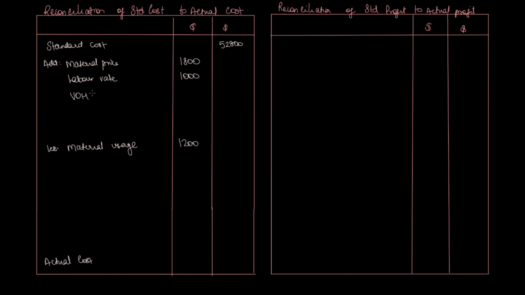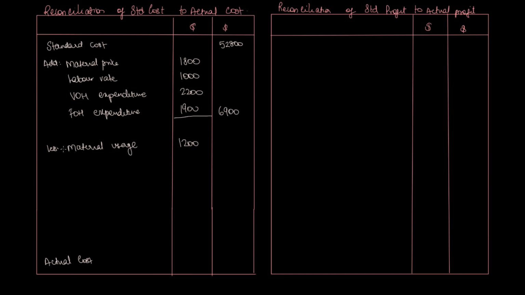Then I had variable overhead expenditure variance 2200. Then fixed overhead expenditure variance 1900, taking the total of all four outside 6900.